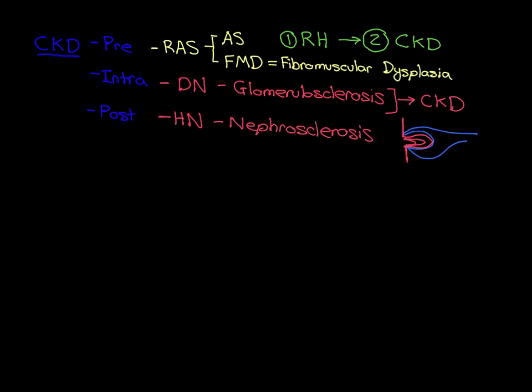Now, in glomerulosclerosis, the glomerular basement membrane gets thicker. That's what's going to happen when you're exposed to long-term hyperglycemia in diabetes, diabetic glomerulosclerosis. When you're exposed to long-term high blood pressure, what happens is the basement membrane of the afferent arteriole and the efferent arteriole and the glomerular basement membrane, all of these get thicker.